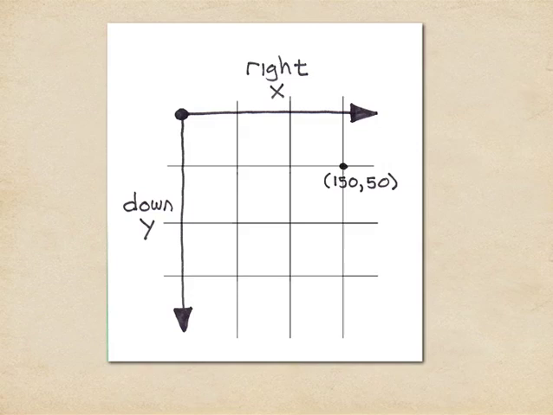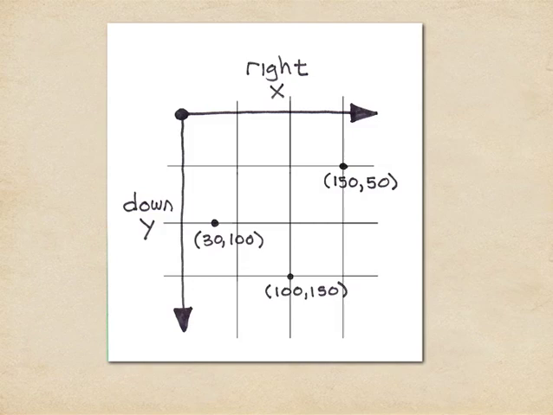Typically we put it inside of a pair of parentheses when we write it down this way. And that lets us know that these numbers are meant to represent a point, and we put a comma between them. Here's another point. Now I kind of eyeballed it. I think it's about 30 units to the right of the left edge of the window, and it's 2 entire boxes down, so that's 30, 100.